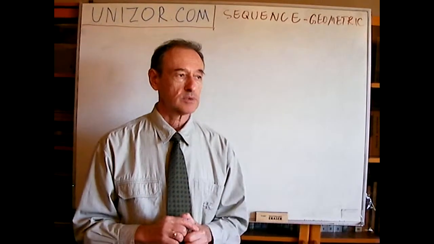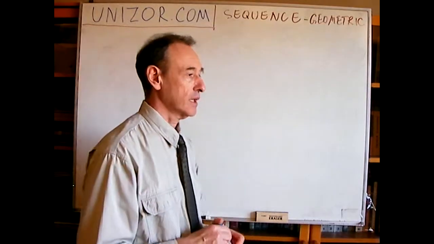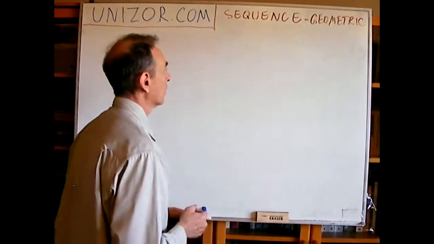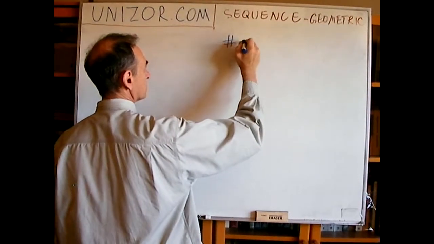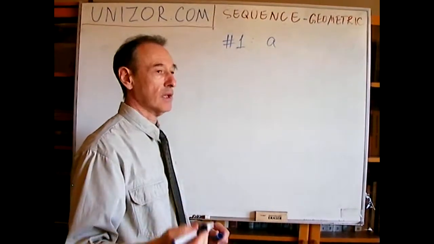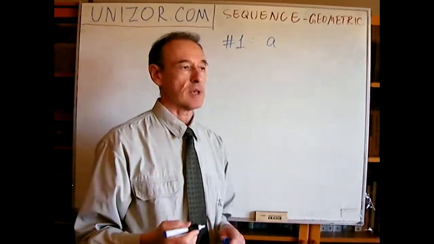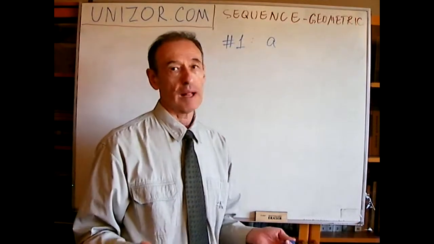So let me start with a definition. What is a geometric progression? First, you have to choose the first element, a. And you also have to choose something which is called a quotient, or a factor, or a multiplier, q.